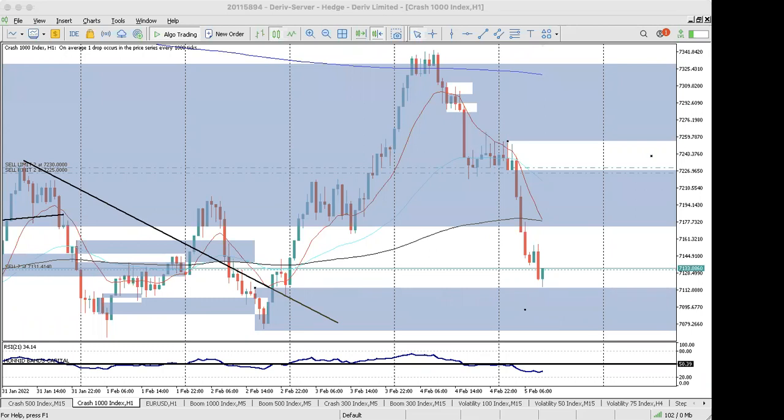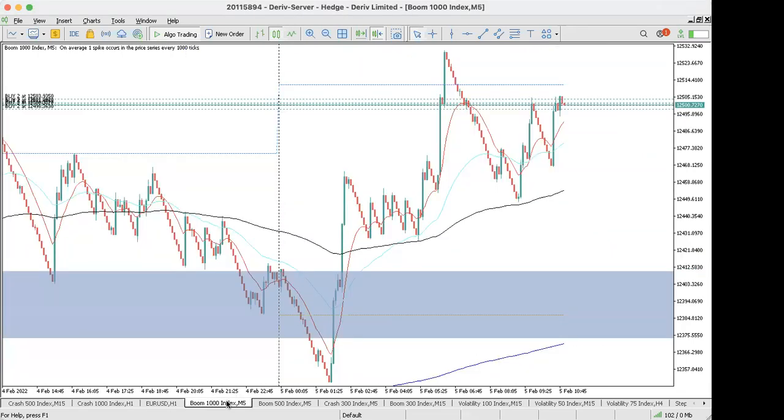Okay, so I'm just going to cross check on B1. B1 hasn't yet taken off, but we still believe it will. Apparently, when I updated my MT5, my TDI disappeared.